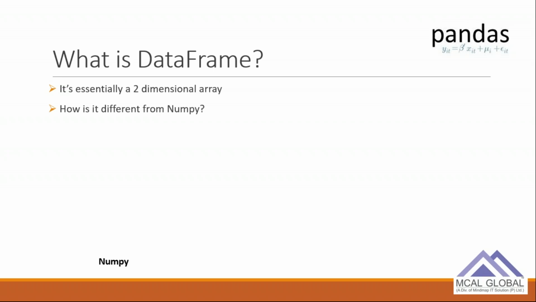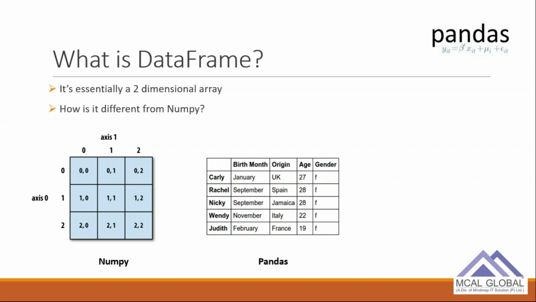Okay, so how is it different from NumPy? Let me show you here. NumPy has a particular indexing that is followed. If you see on the left, axis 0 has 0 1 2, axis 1 has 0 1 2. However, if you see pandas, you need not specify any index.